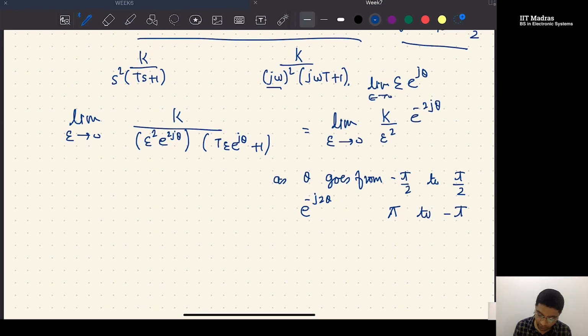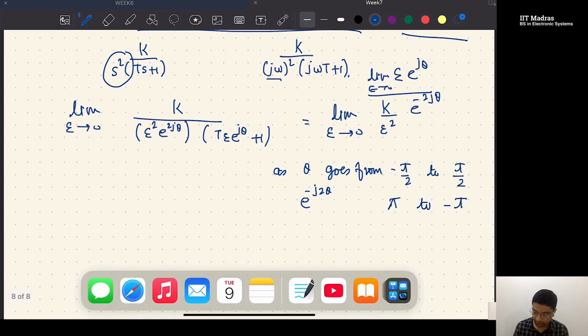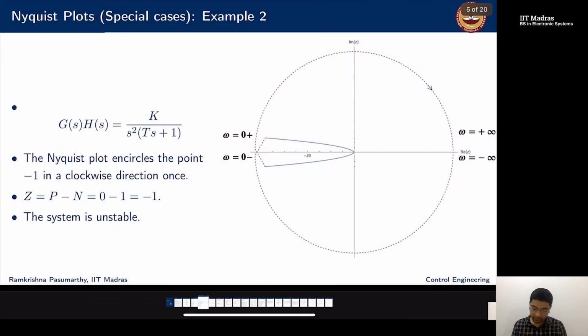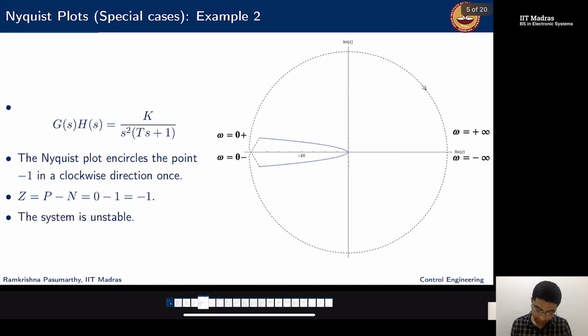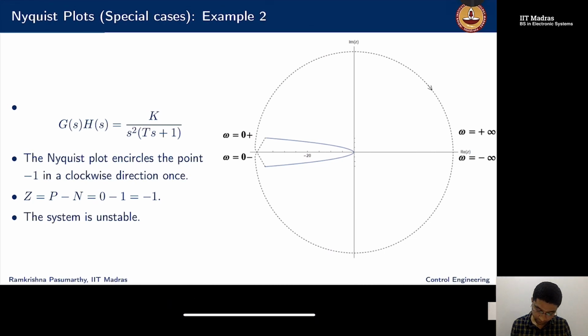Now this is what happens around the singular point, the pole at the origin. Everything else we can compute with the earlier techniques. So I just have the plot like this. This will go this way and so on.